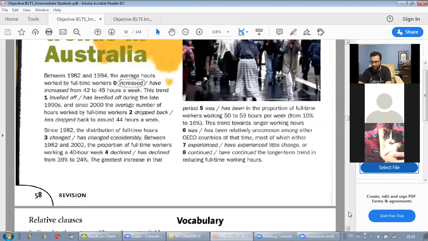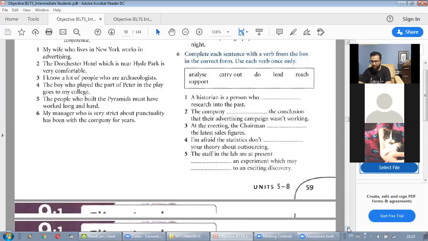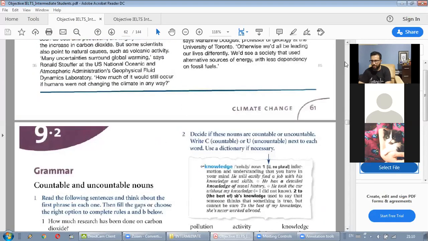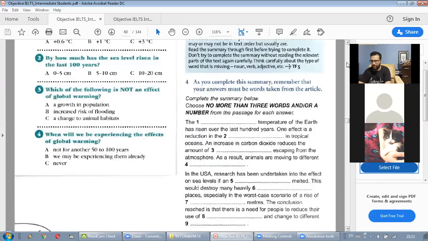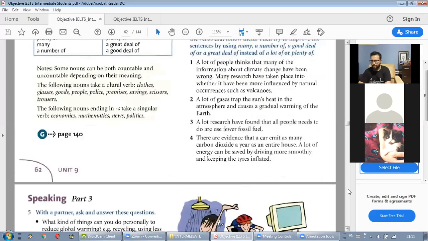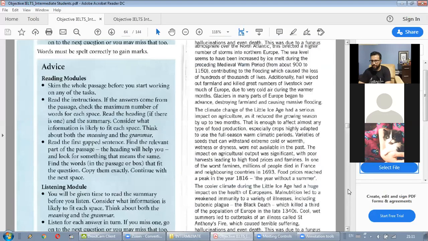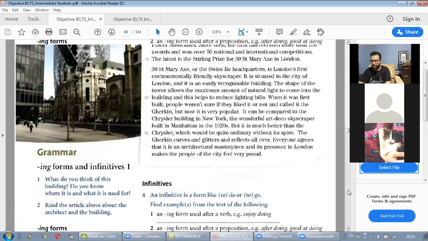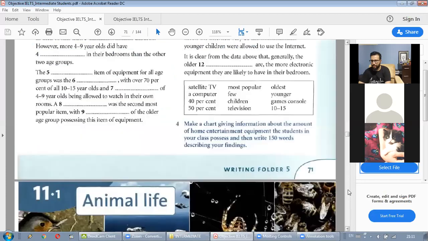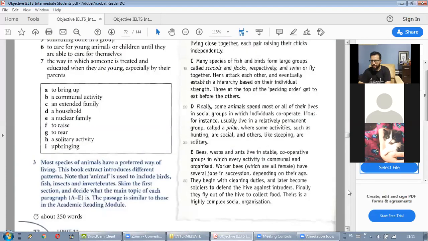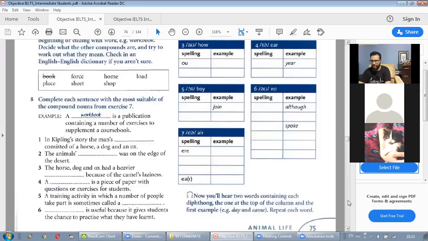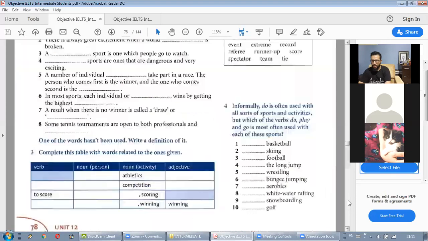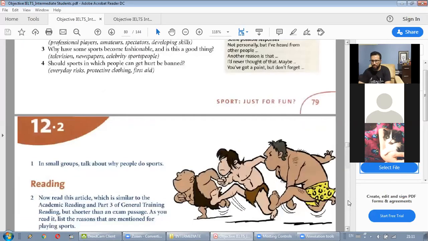I think this one has a true, false, not given in this unit. The MCQ is also a relatively easy question. I don't think it's too worrying. Not easy, but just easier than the true, false, not given question.